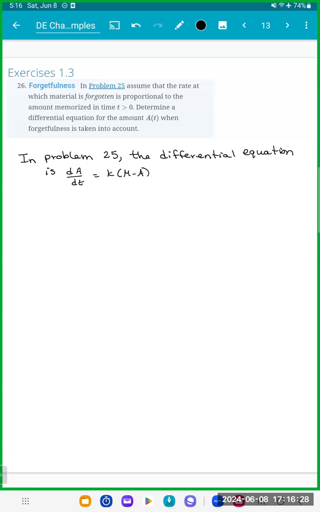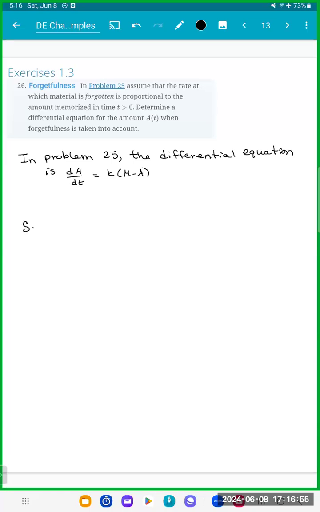Okay. So for this problem, in problem 25, assume that the rate at which material is forgotten is proportional to the amount memorized in time t greater than 0. We want to determine this differential equation. And so this one now becomes a two-part.